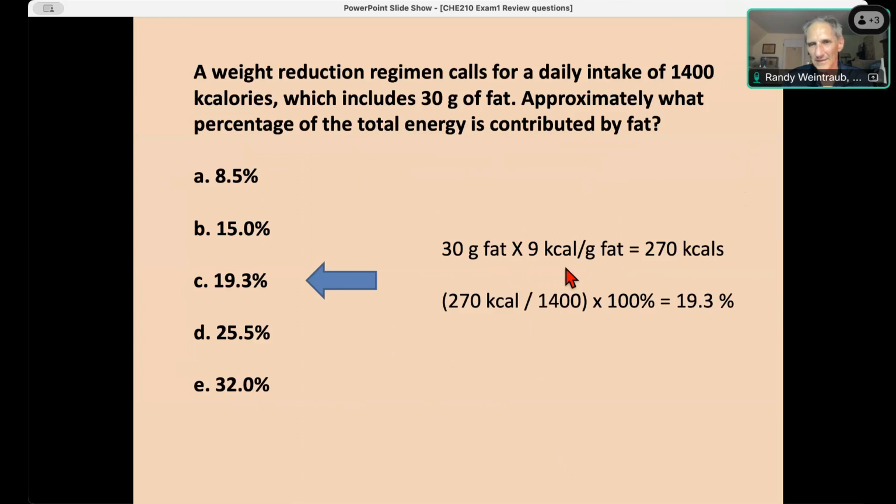So fat is 9 kcals per gram, carbohydrate and protein are just 4 kcals per gram. That also mentions alcohol. Alcohol does burn. We do burn alcohol if we take in a certain amount, and that gives us 7 kcals per gram, somewhere in the middle.